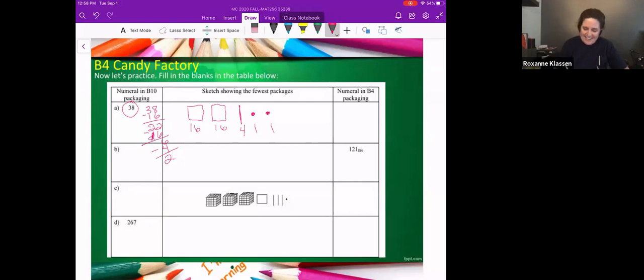Ah, nice, Anaka, 212. And I'm going to write that B4 just to remind us that it's really a base 4 number. Excellent, Carrie, very nice. Elizabeth, 10-2, you guys are rocking it. Okay, so I want you to finish that table and then you can answer the rest of the questions. I'm going to put you in breakout rooms for at least 10 or 12 minutes.